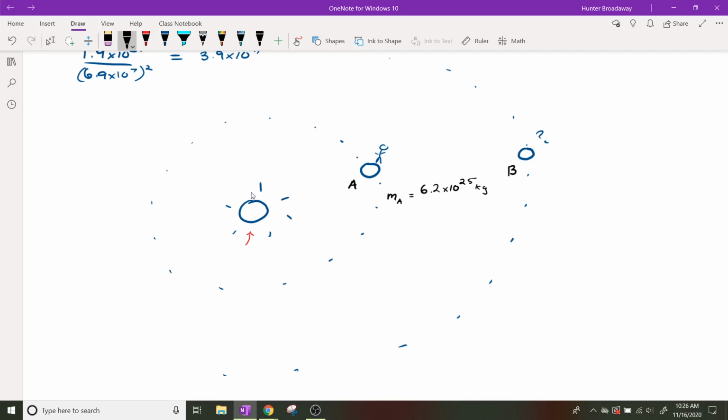And they also found, using a little bit of geometry, that the radius of A is about 2.9 times 10 to the 15th meters away from that planet.